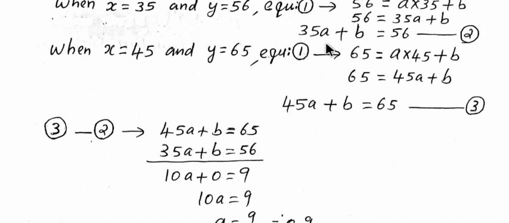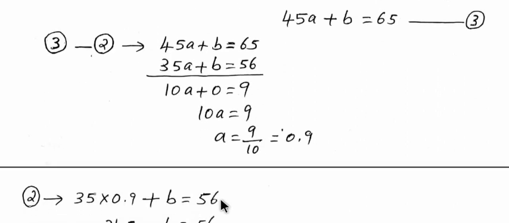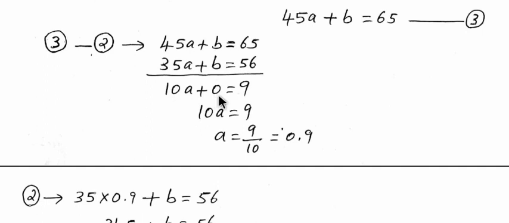Then write second equation: 35a plus b is equal to 56. Then subtract. 45a minus 35a is 10a, b minus b is 0, 65 minus 56 is 9. Then 10a plus 0 is 10a is equal to 9.